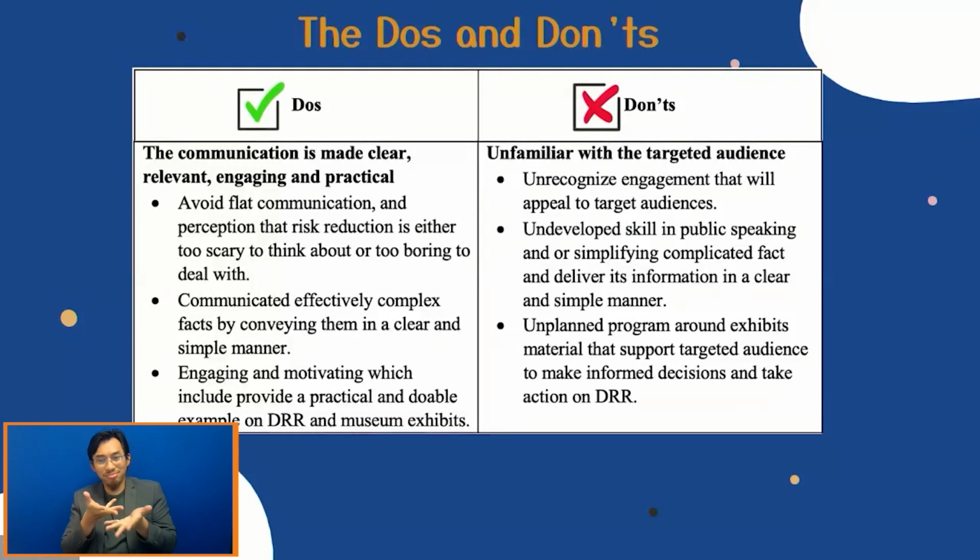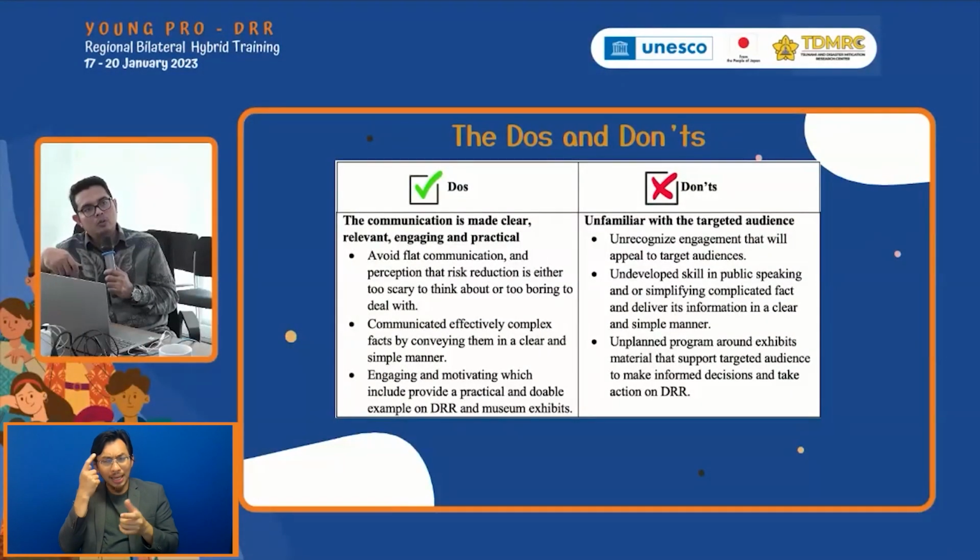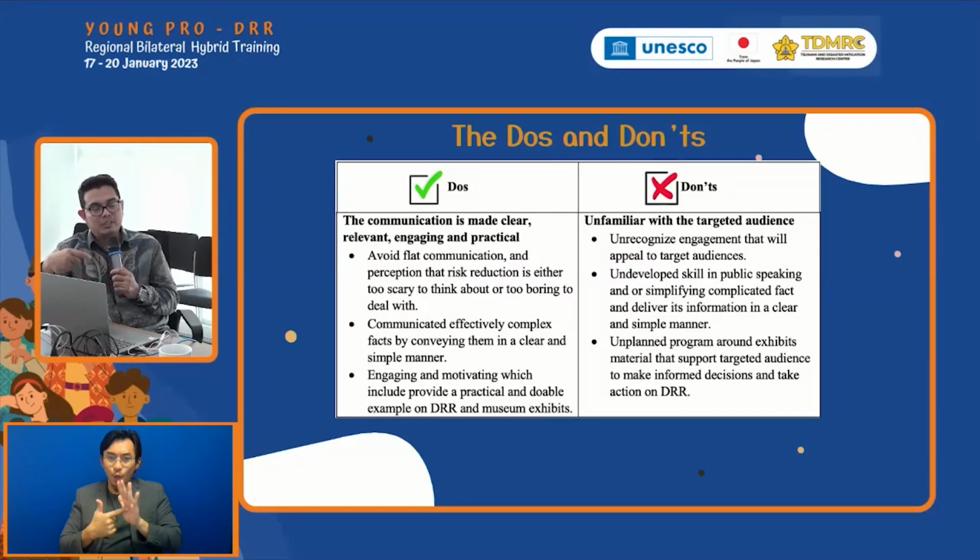Yeah, so these are the do's and don'ts that you really need to think about, and then the material that you want to present, or later on in your concept notes, how you're going to communicate your projects to the wider audience, including the marginalized group.